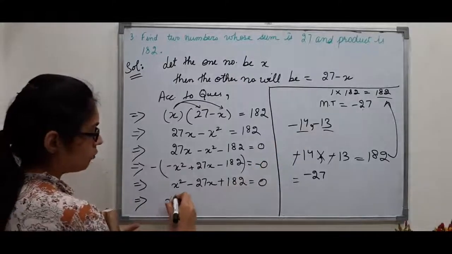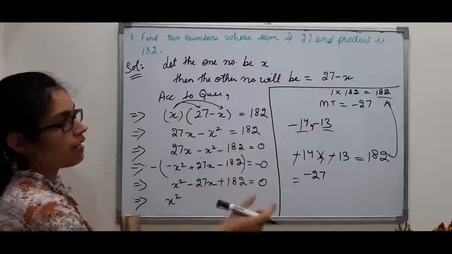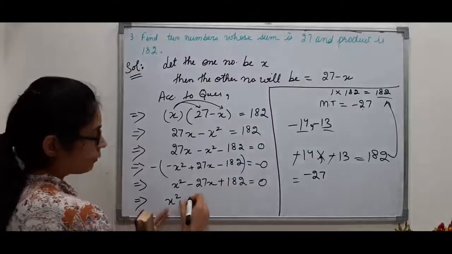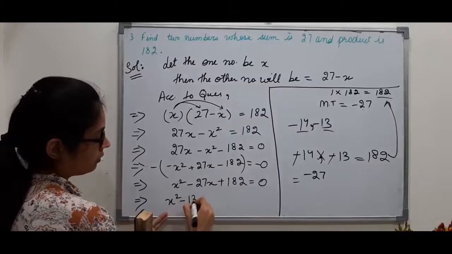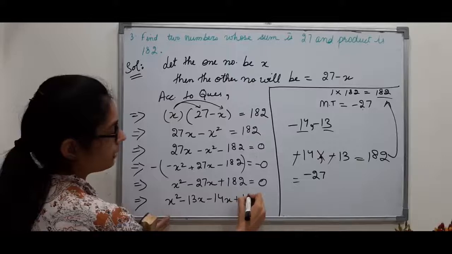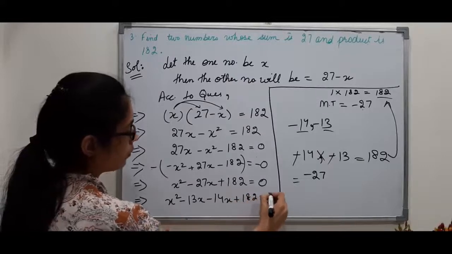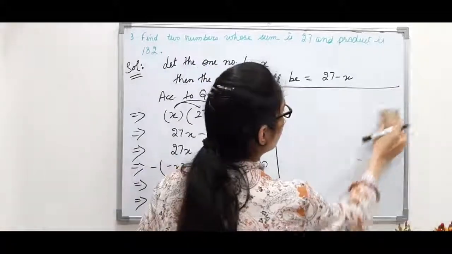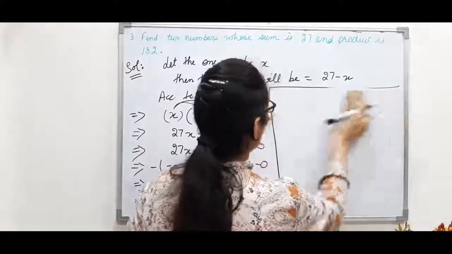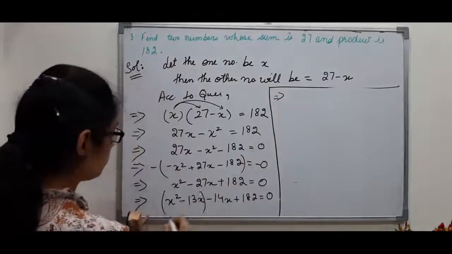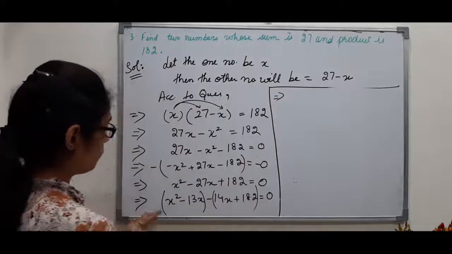Let's split the middle term by writing these two numbers. So in place of minus 27x, we have to write minus 14x minus 13x. So I can write x square minus 13x minus 14x plus 182 is equal to 0. Now we will have to take out the common terms or common numbers. We'll make two pairs, this one and this one.